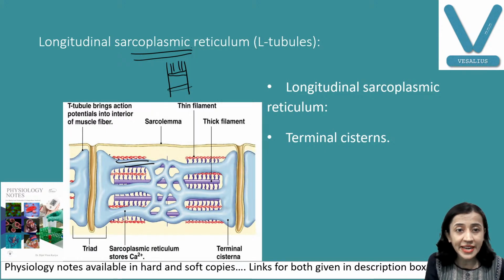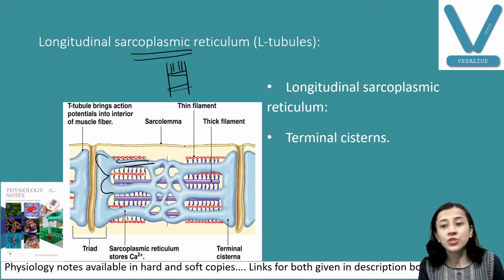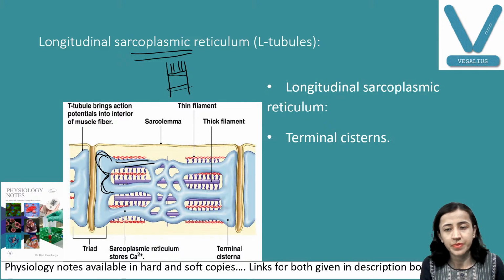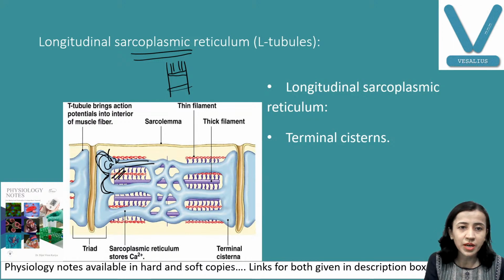The end parts of this reticulum which are enlarged are known as terminal cistern. The L-tubules do not open to the exterior like the T-tubule, but they have a dilated part known as terminal cistern. These L-tubules are rich in calcium ions, so they are the storage of calcium. Whenever muscle contracts, this calcium comes from the terminal cistern.